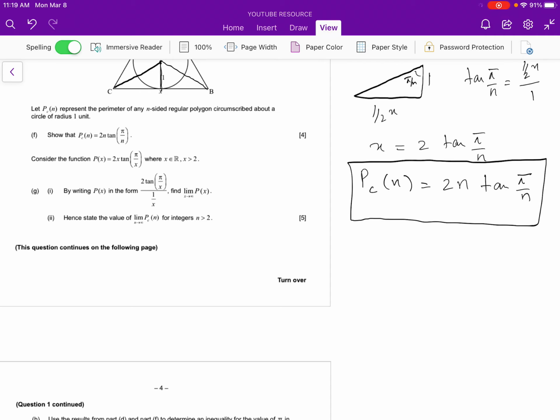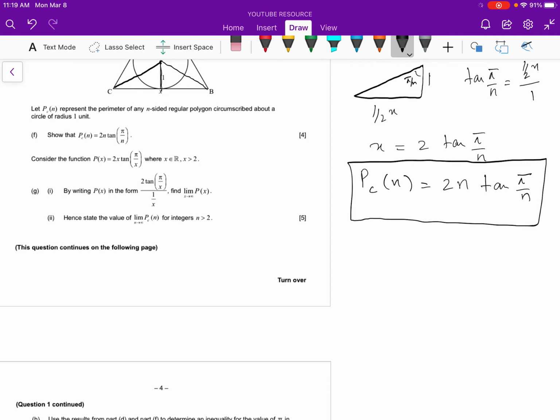So if we write the function here, p(x) equals 2x tan(pi/x), if we take this x to the denominator, we can write this as 2 tan(pi/x) over 1/x.